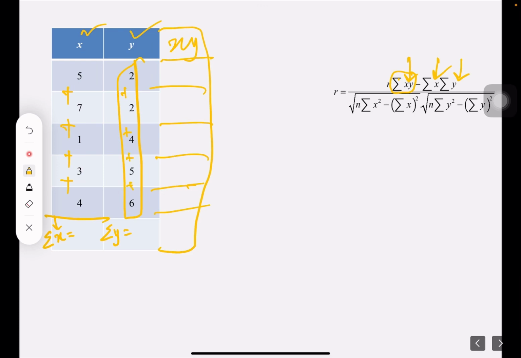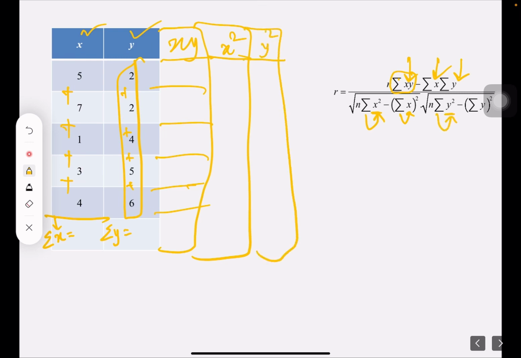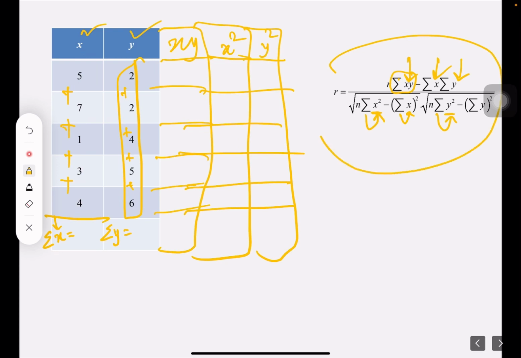With this idea, you have x squared here. So you need to sum up all the values of x squared, meaning x raised to 2. So it's already done. You need to sum up the values of y squared, so another column should be created for y squared. So this is how you need to create extra columns according to the formula.